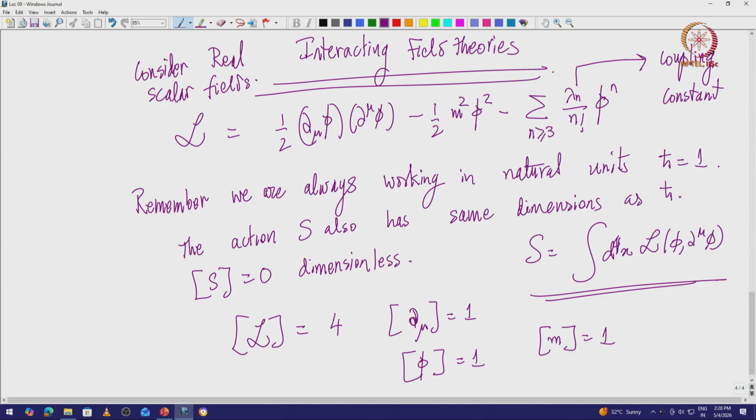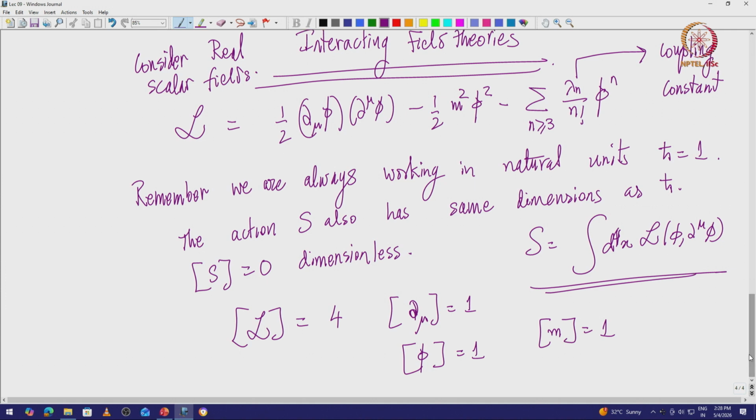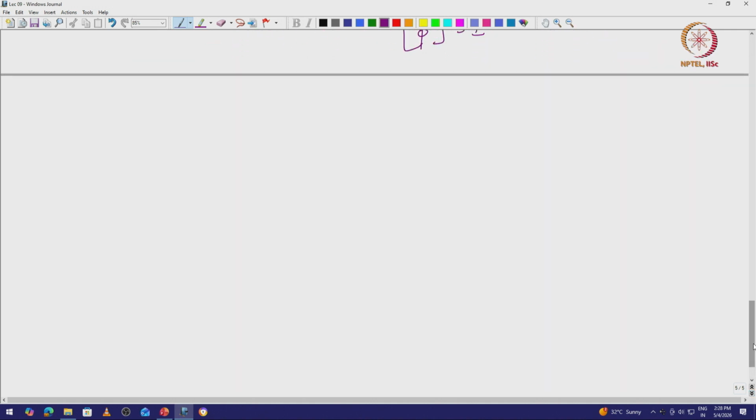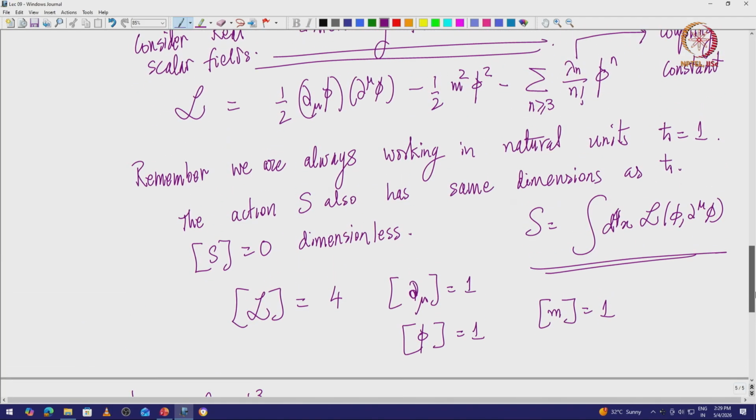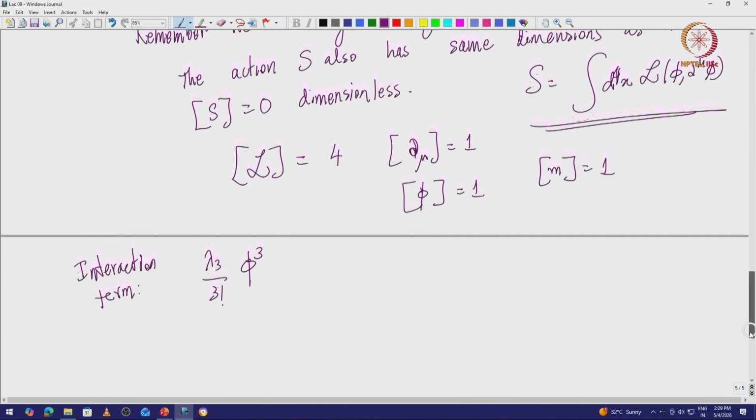Now what happens to the third term, which is the interaction term? Let's start with lambda 3. Lambda 3 by 3 factorial has a term phi cubed.